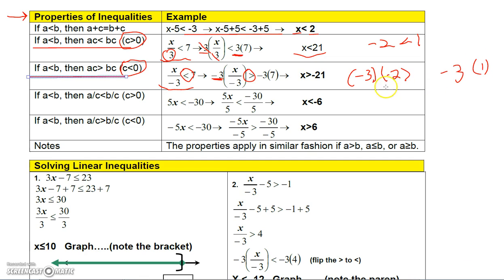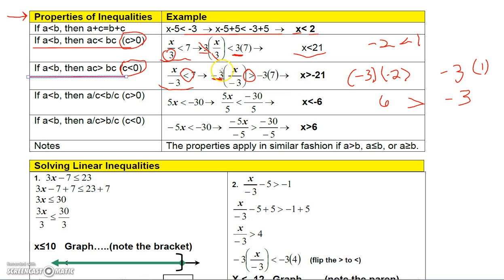Well, we're going to get positive 6 over here, and over here we're going to get negative 3. Now, ask yourself this: is 6 still less than negative 3? No, 6 is greater than negative 3. So therefore, we had to flip this over.